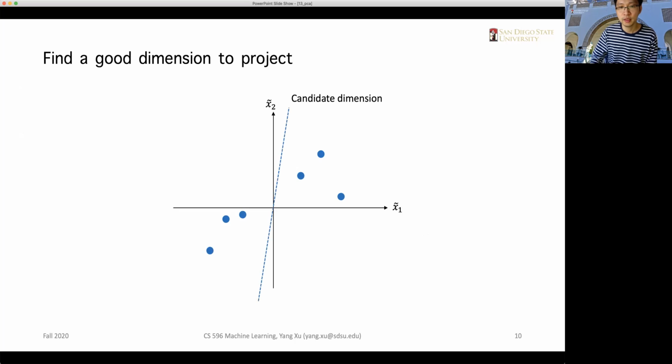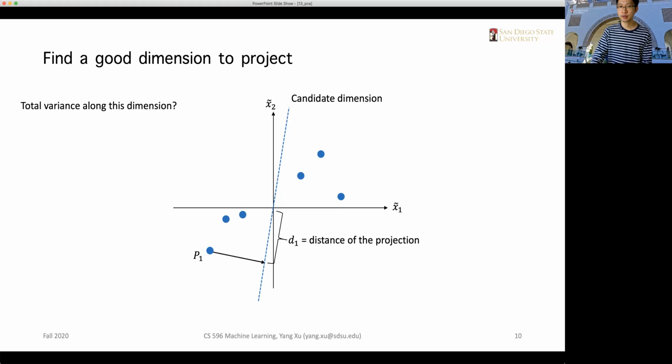For example, if we consider this blue dashed line as the candidate dimension, then what would happen if we project the data points onto this candidate? We can compute the total variance along this dimension by projecting all the data points onto it.